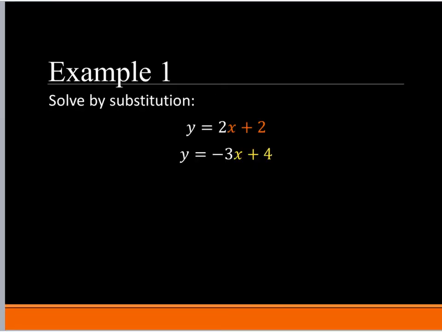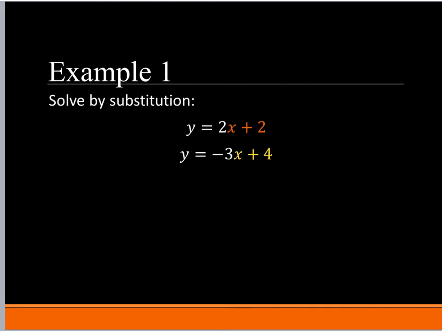For example 1, it says to solve the system y equals 2x plus 2 and y equals negative 3x plus 4. Now this is the easiest form of substitution because if you notice, both equations have y isolated or y by itself. So in that sense, it really doesn't matter what we do.